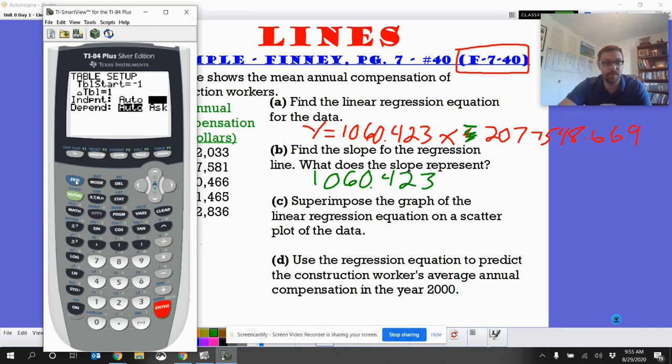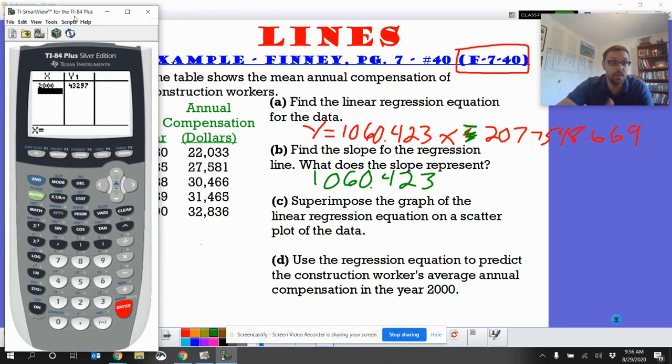So if I go to my table now, where it's got that X value, the X value I want to put in is the year 2000. And then there's the average annual income, 4,397. And that's in dollars.